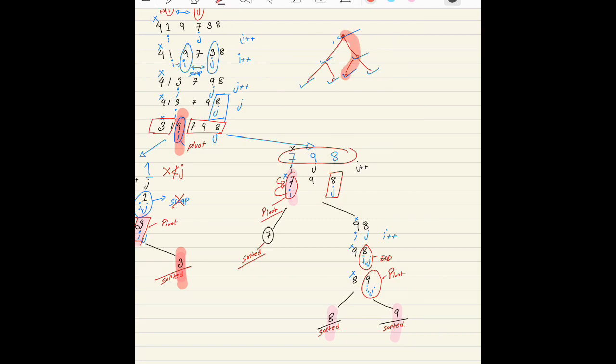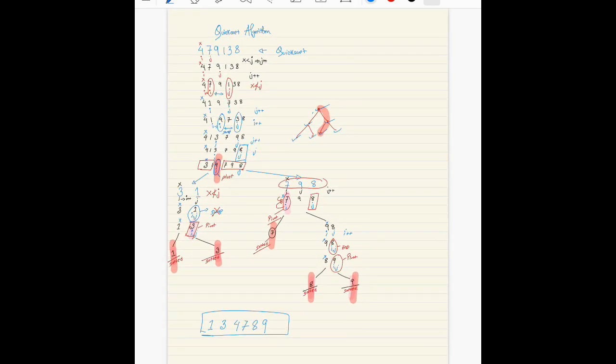So we go to the right side and we see 7 here, so write 7. Then we go to the right side, which is 8. And then finally we have 9. So see, we have a complete sorted array. We came from this 47138 to 13478.